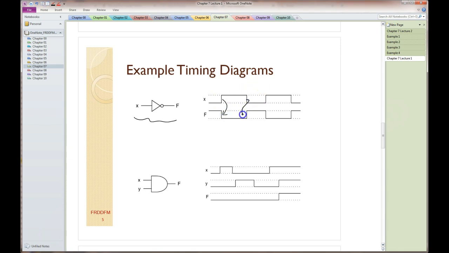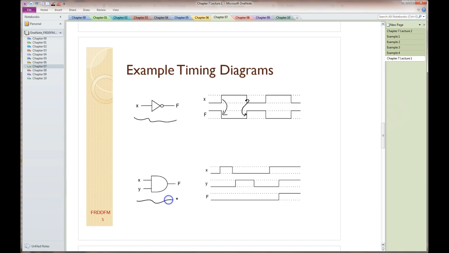When that input goes low, the output goes high, etc. So what I'm doing here is I'm annotating this timing diagram showing the causality of the output by use of these arrows. Now one thing to notice here is the output follows the input immediately. So these are ideal circuits. Typically in a non-ideal circuit there's a delay in that line. We're not going to be showing the delay.